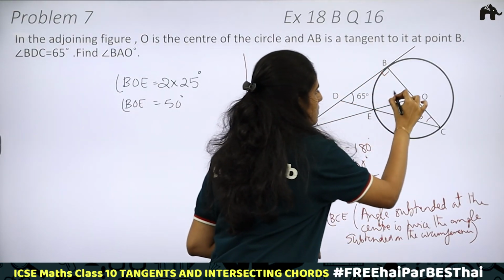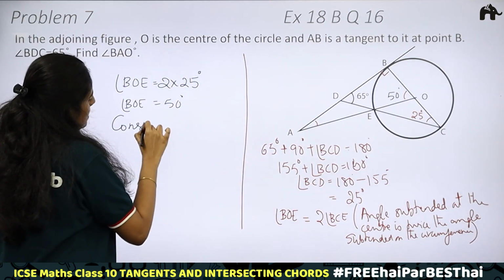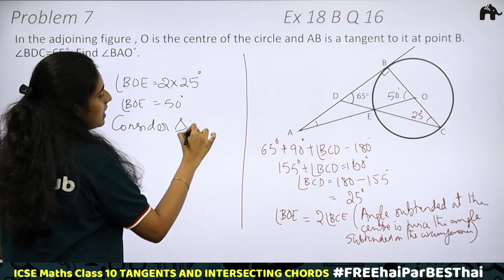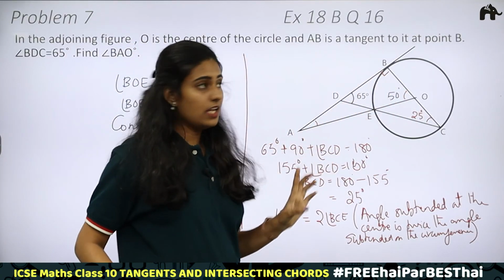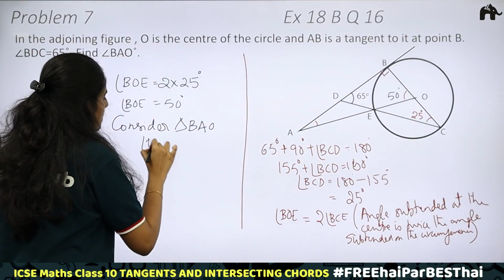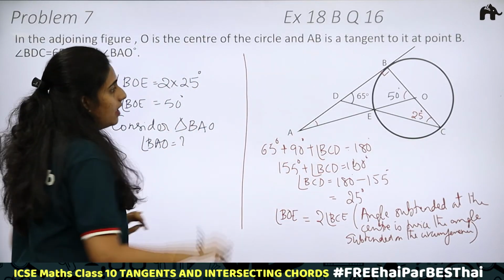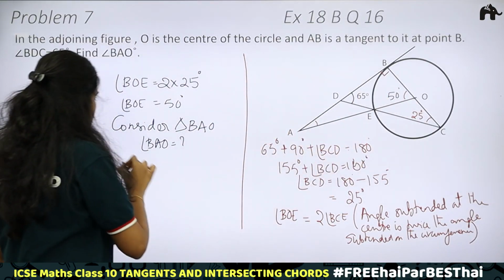Now when you consider triangle BAO, we have to find the angle BAO. What do we know? We know the measure of BOA, which we have determined.